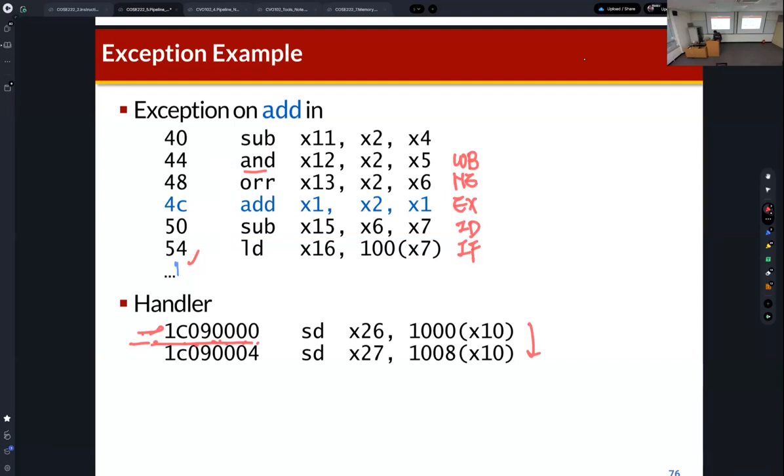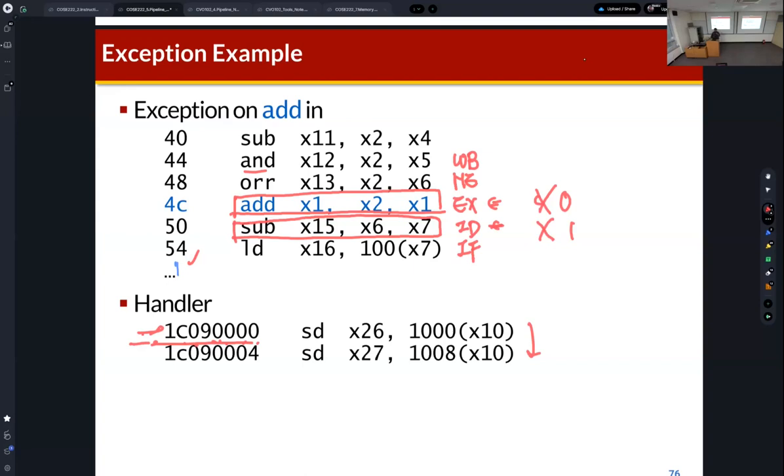For example, an exception is detected for the add instruction, and at the same time, an exception can be detected for the sub instruction, which is in the ID stage. So there are two exceptions: exception 0 and exception 1, x0 and x1.